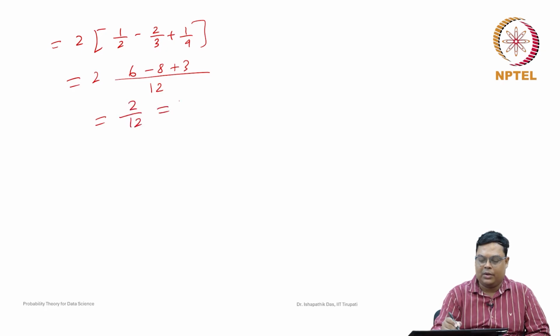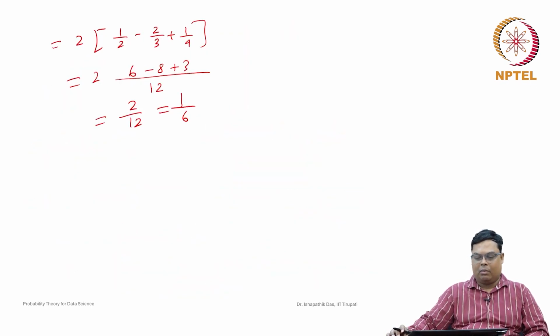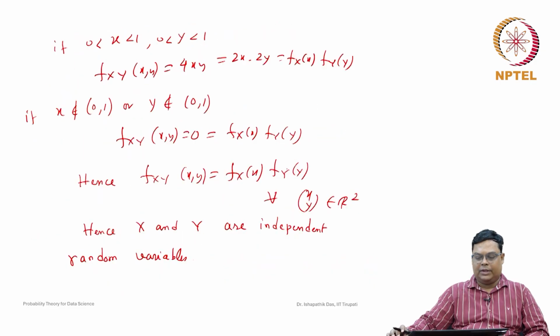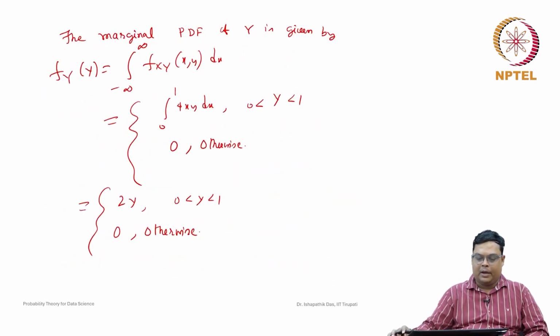Two times 1 by 12 is nothing but 1 by 6. So, if this computation is correct, then this probability is nothing but 1 by 6. This should be the answer. Please check that these computations are correct, and see whether you get the same answer; you can go through it again.